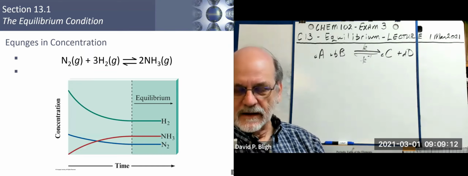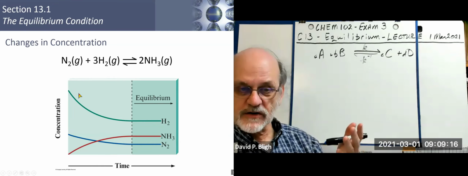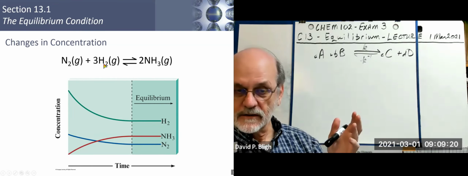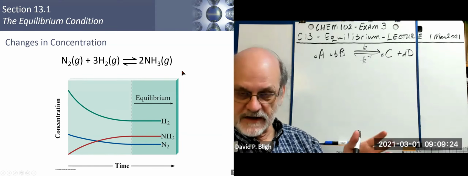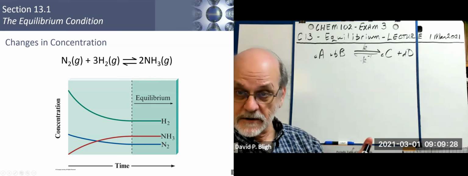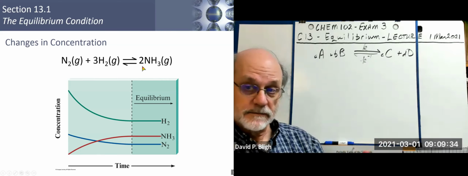Okay, so this is what it would look like plotted out, concentrations of, for this reaction, nitrogen plus hydrogen yields ammonia. That's the Haber process. And it's the one that Fritz Haber developed to supply his native Germany with explosives.